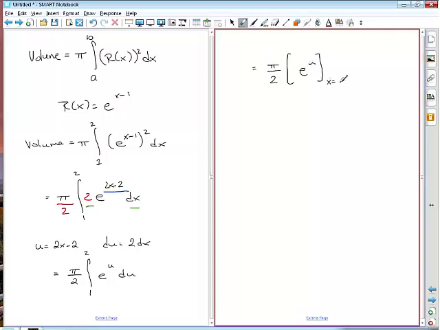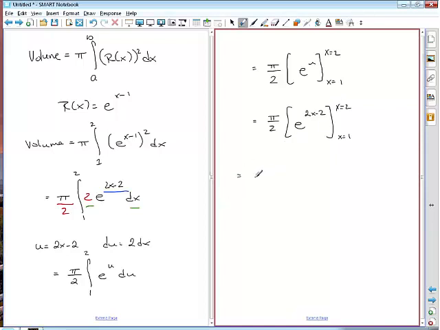And our limits are x. So let's go ahead and change back to x. So we're going to have pi over 2 times e. U is equal to 2x minus 2, so we get e to the 2x minus 2, and we evaluate that between x equals 1 and x equals 2.